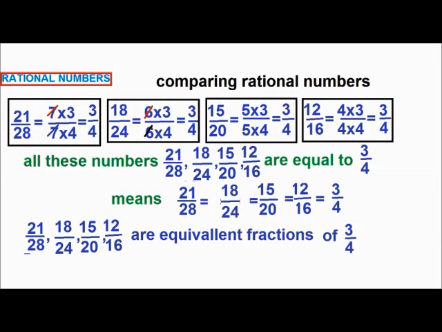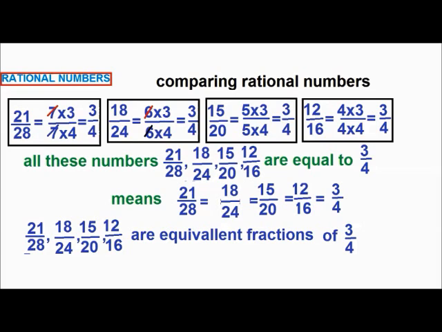Now comparing rational numbers, let us use the fraction 21 by 28. 21 by 28 can be written as 7 into 3 by 7 into 4, because 7 and 3 are the factors of 21 and 7 and 4 are the factors of 28. The 7 gets cancelled and 3 by 4 remains.